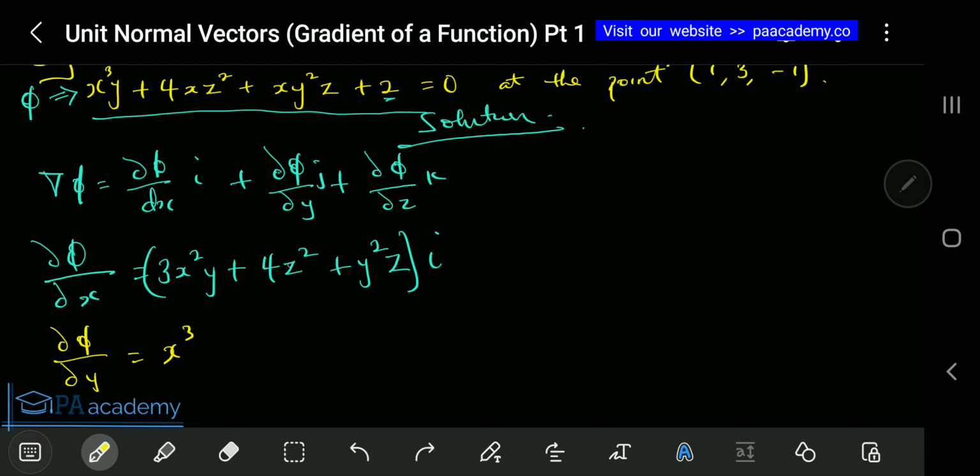We move to the next one, where we have y squared. That will give us plus 2xyz. The 2 again is just a constant with no y attached to it, so that's 0. So that's what we get for the partial differential with respect to y. Let's include the coordinate, which is j.